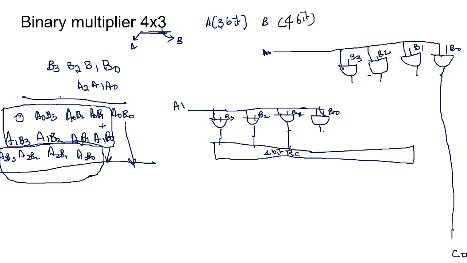Now I have to define some intermediate wires. So W1, I will start with this one, W2, W3. I need one more input, so I should append a 0, and then W4, W5, 6 and then 7.